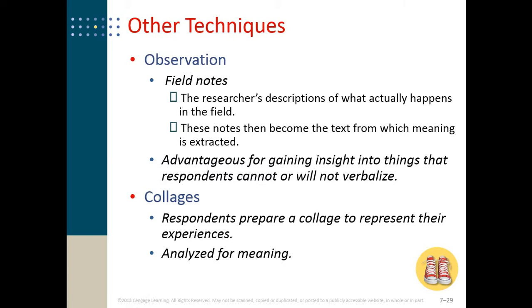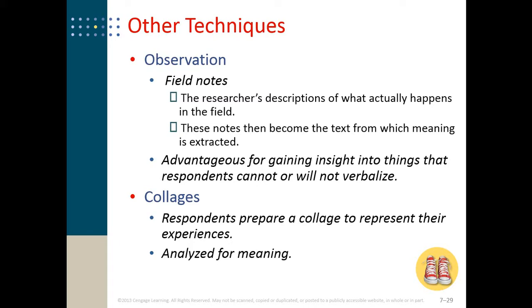Then observation. In observation, the researcher records notes describing observed events. Probably the researcher will go to the field, closely observe the respondent, record them, and try to interpret the behavior or experiences to address the research objective.